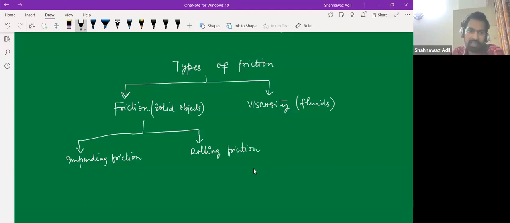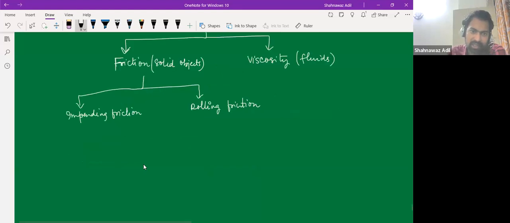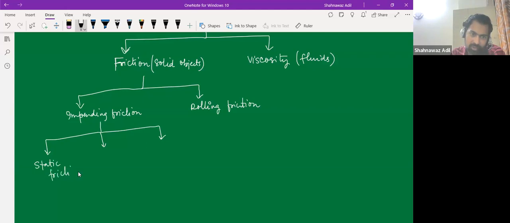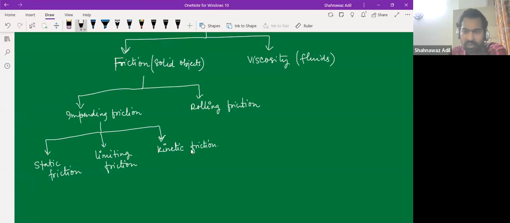And this also has three parts. This one is static friction, then we have limiting friction, and then we have kinetic friction. So these are the examples of friction.